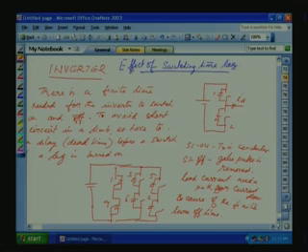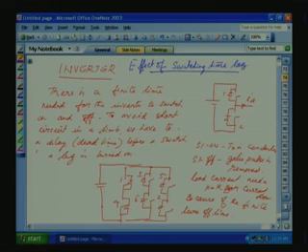But according to our assumption so far, immediately we would be turning on this one. If we turn on this one before this is turned off, there will be a short circuit in the limb. So we have to give a delay before a switch in a leg is turned on.